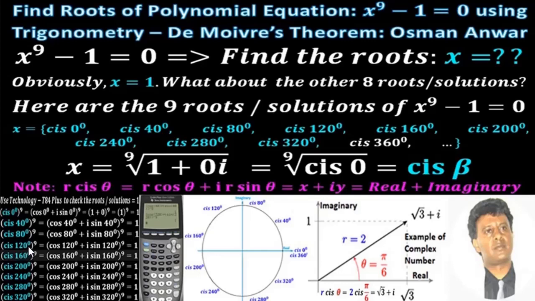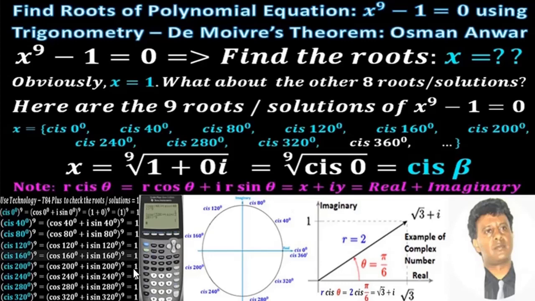Cis 120 degree to the 9, you will get 1. Cis 160 degree to the 9, you will get 1. Cis 200 degree to the 9, you will get 1.